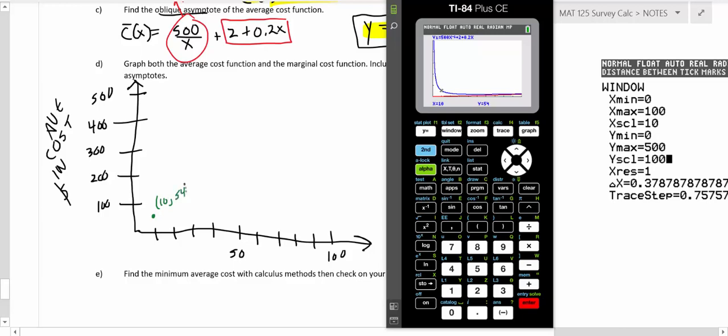I'm just going to have you trace out a couple of points and label them. I'm going to go all the way out to 100. If I trace at 100, that will give me 27. So I'm going to go out here and say that I have a point (100, 27). And then the rest of that you can just sketch to get the idea.